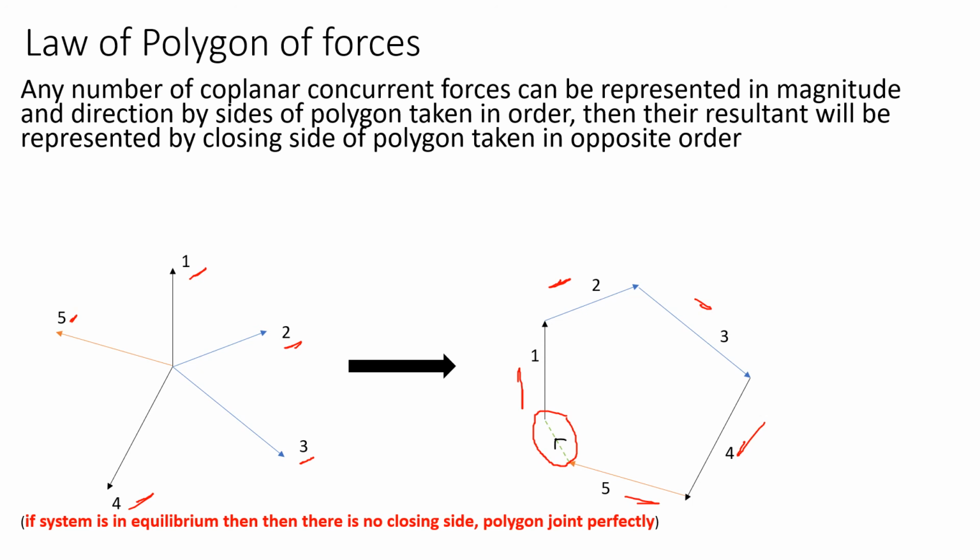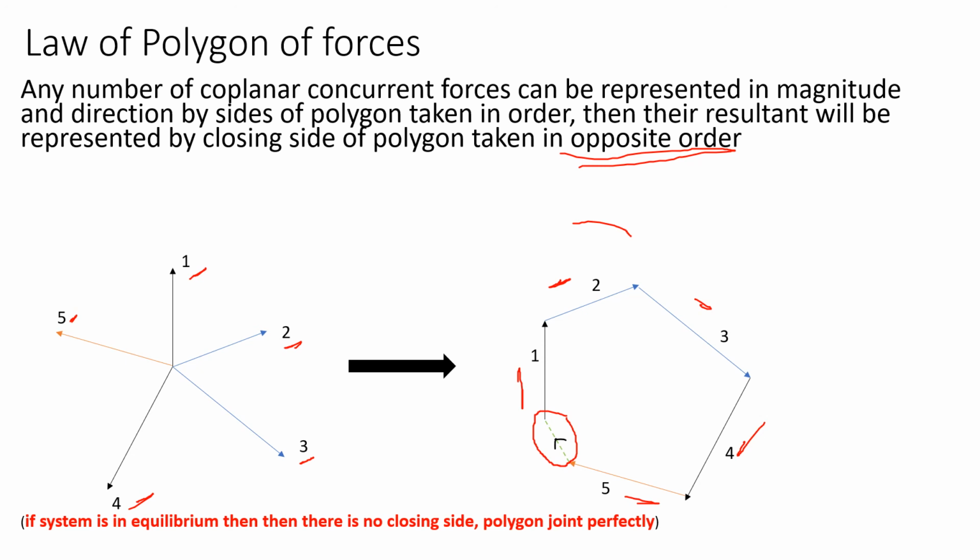The polygon doesn't join. The polygon should be joined, and that joining line is represented by the resultant magnitude. The magnitude of that joining line represents the magnitude of the resultant, but taken in the opposite order. If the forces are along that side, we have to take the opposite order. So this is the law of polygon of forces.